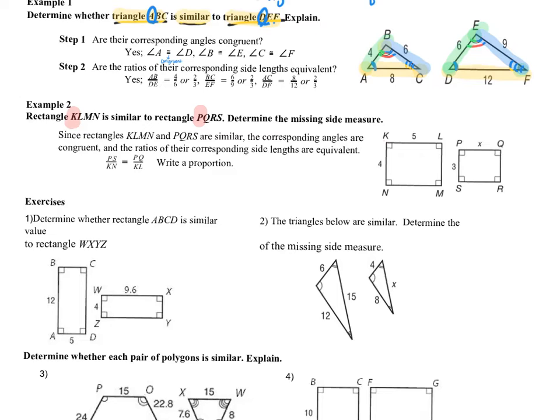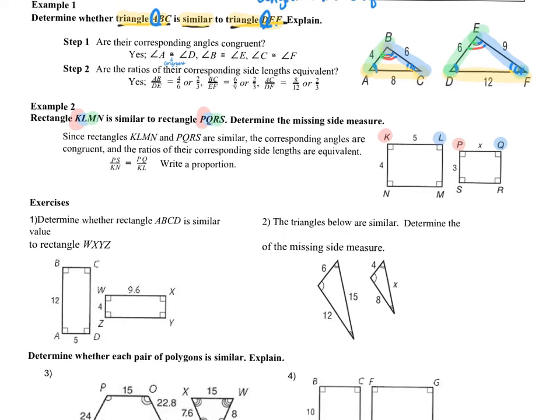So this one and this one go together. Does that make sense? Okay. Then angle L and angle Q. L, Q. And M and R.